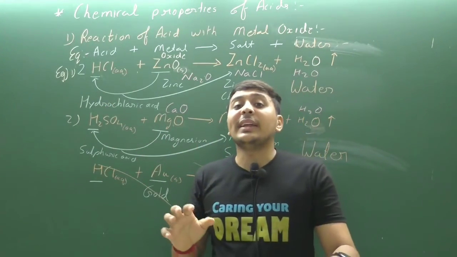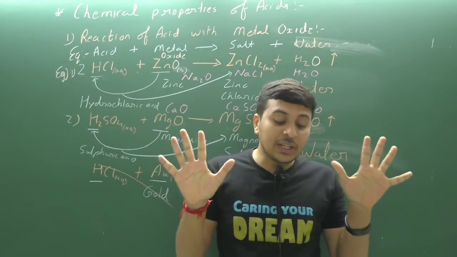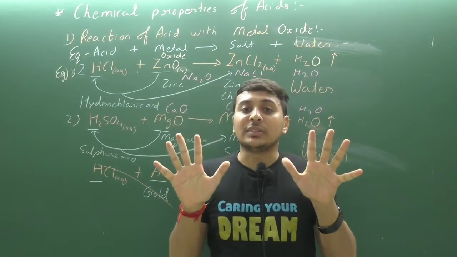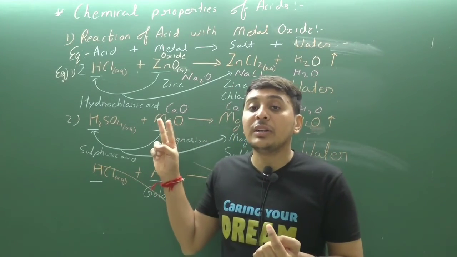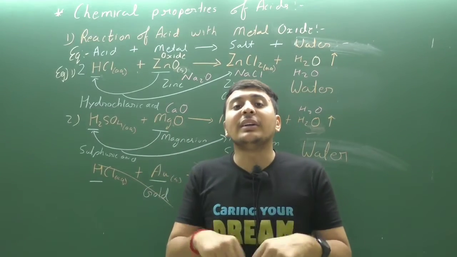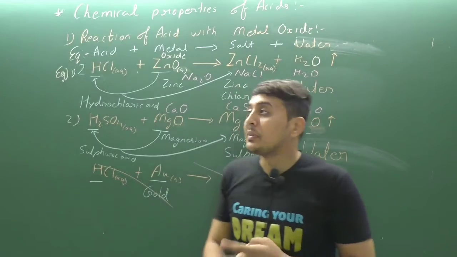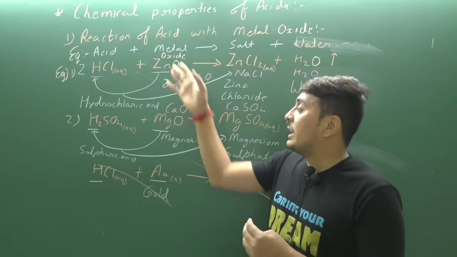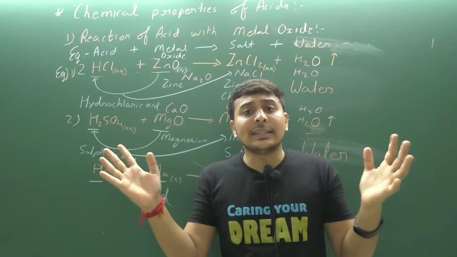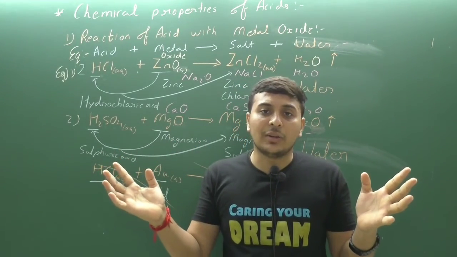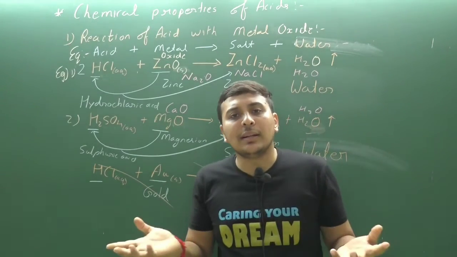You have to write 10 reactions of the first property, when acid reacts with metal. It means two have been written on the board and another 10 should be written in your homework. That is 12 examples. You can take any acid and any metal oxide.